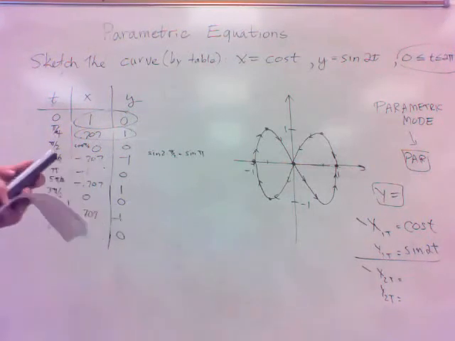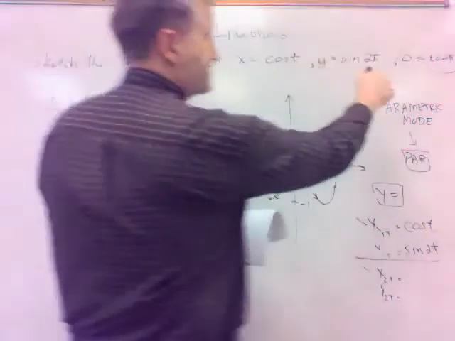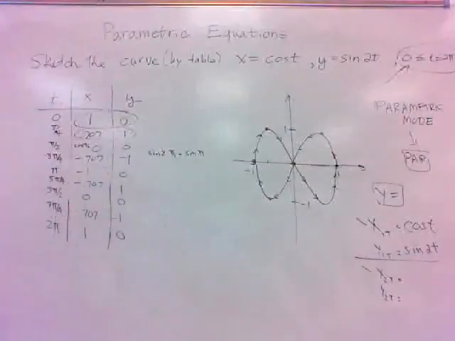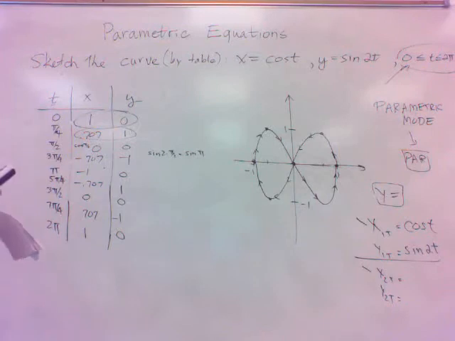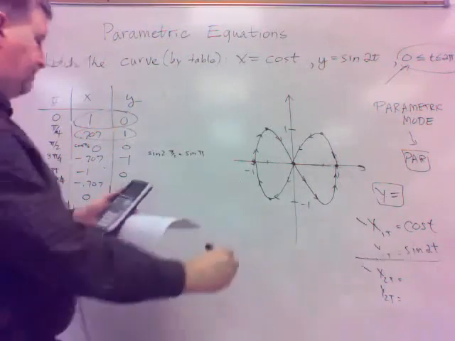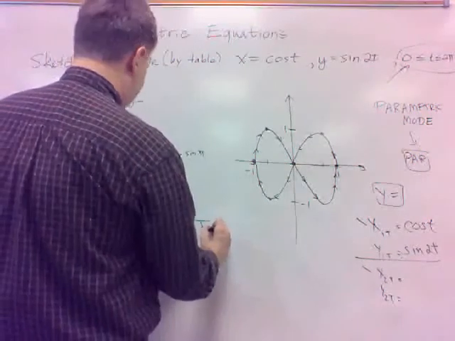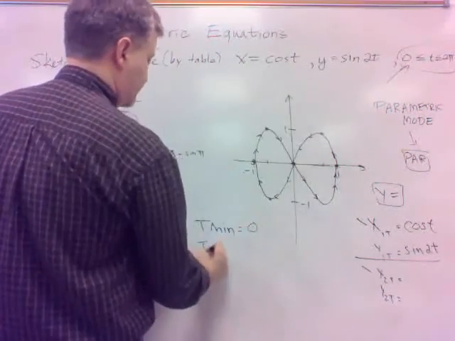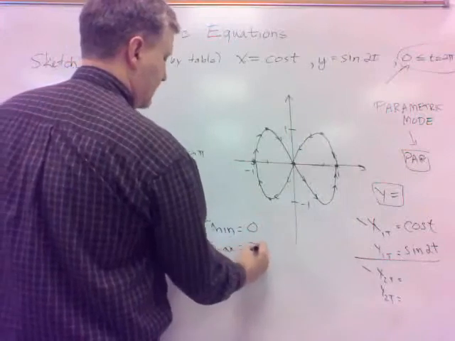Okay? And then, like I said, to get this particular parameter, 0 to 2 pi, just go to window on the TIs. We want Tmin to be 0, Tmax to be 2 pi, which is 6.28.